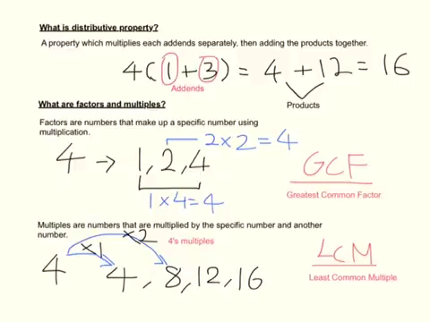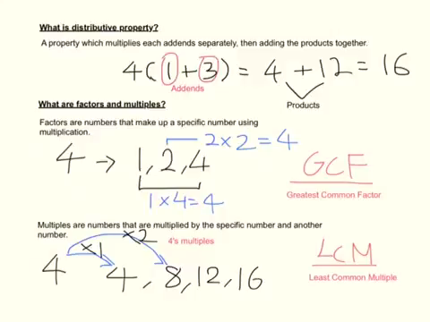The definition says numbers that make up a specific number, which is 4, using multiplication. So 1 times 4 is 4. 2 times 2 is 4. So there are your factors for 4.